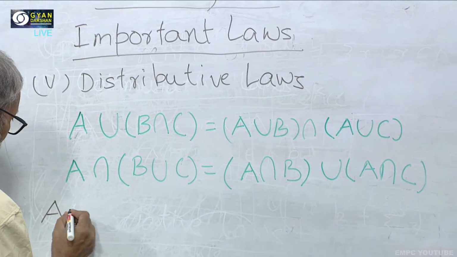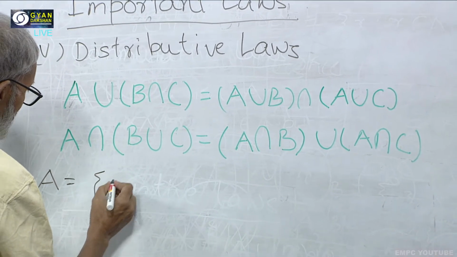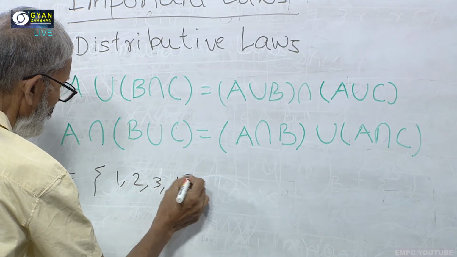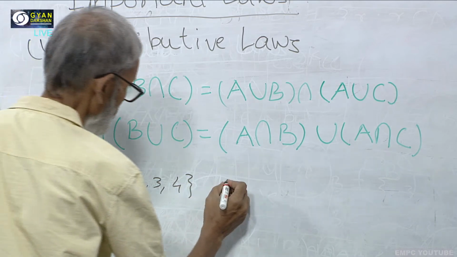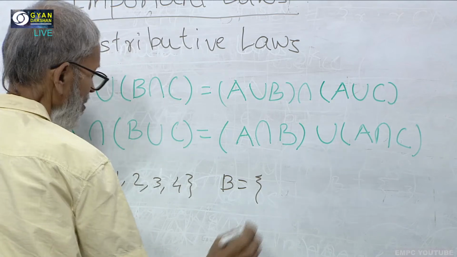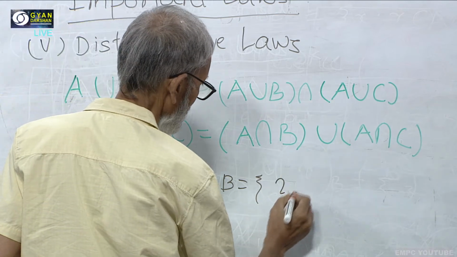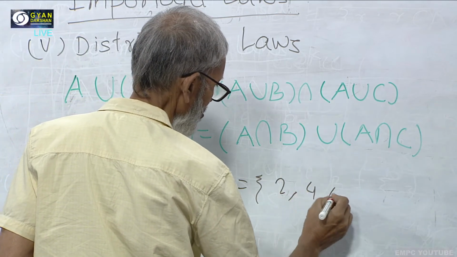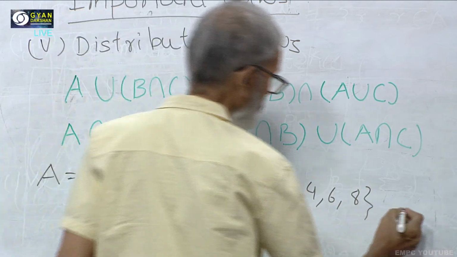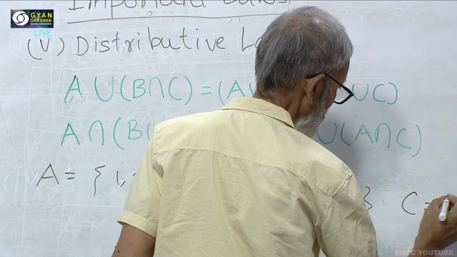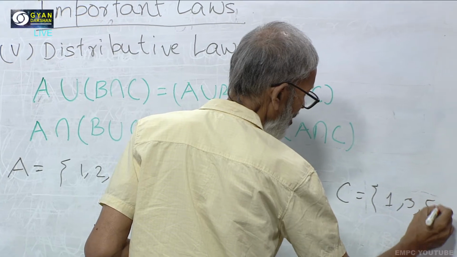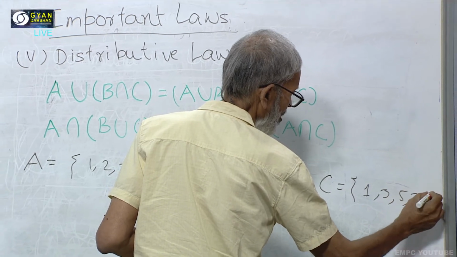Say A is equal to 1, 2, 3, 4, B is equal to 2, 4, 6, 8 and C is equal to 1, 3, 5, 7, 9.